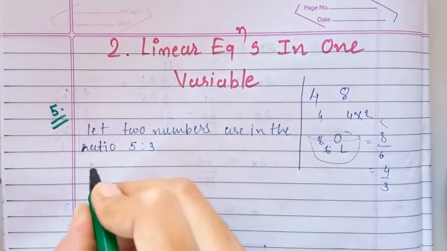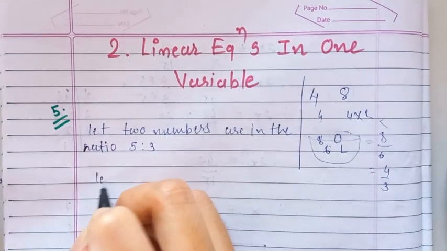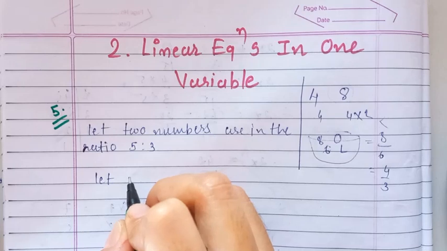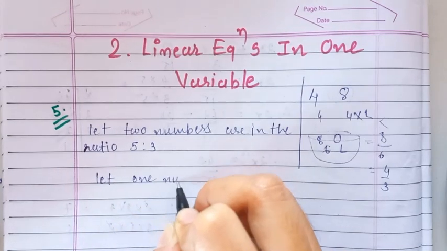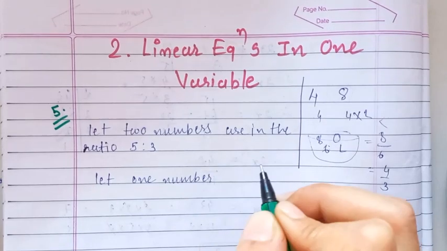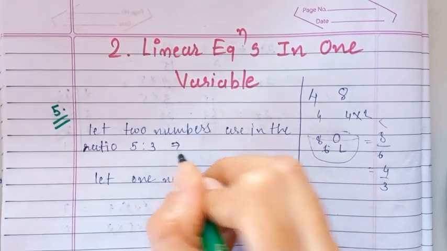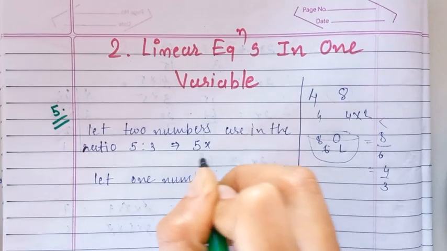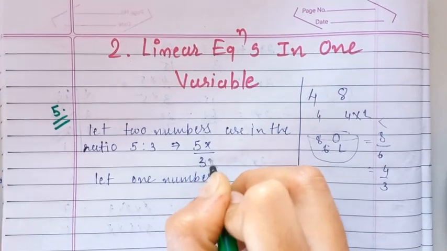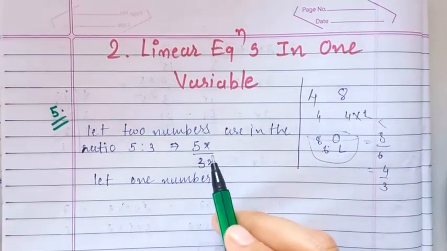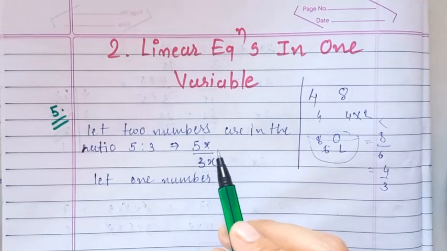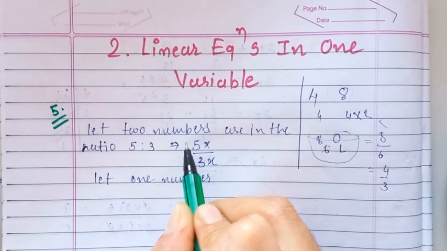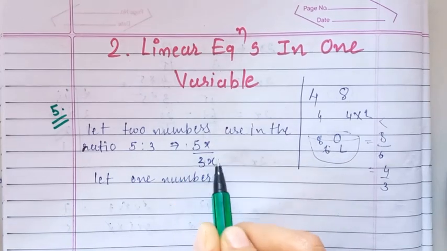So let us assume we have two numbers. This ratio can be written as 5x by 3x, and here x is the common multiplier. So this is our first number and this is our second number.